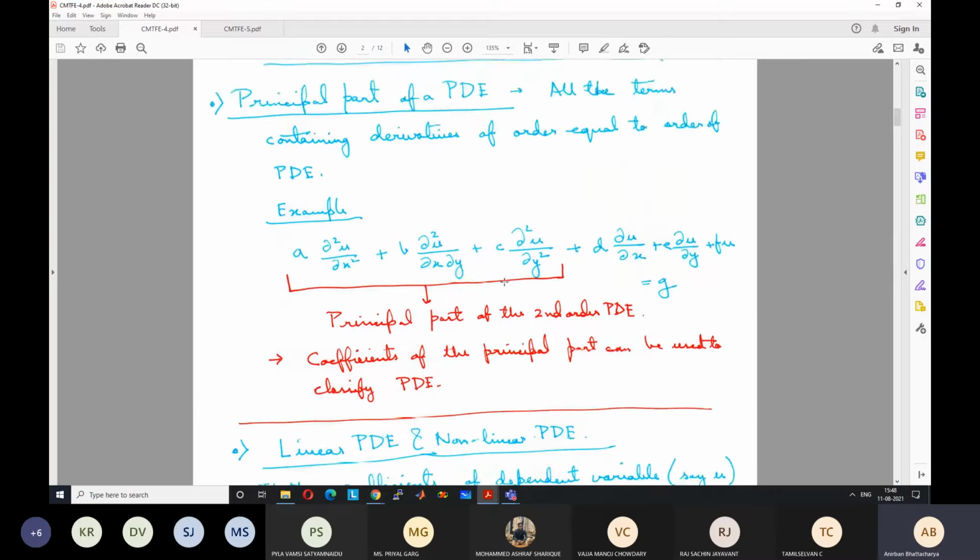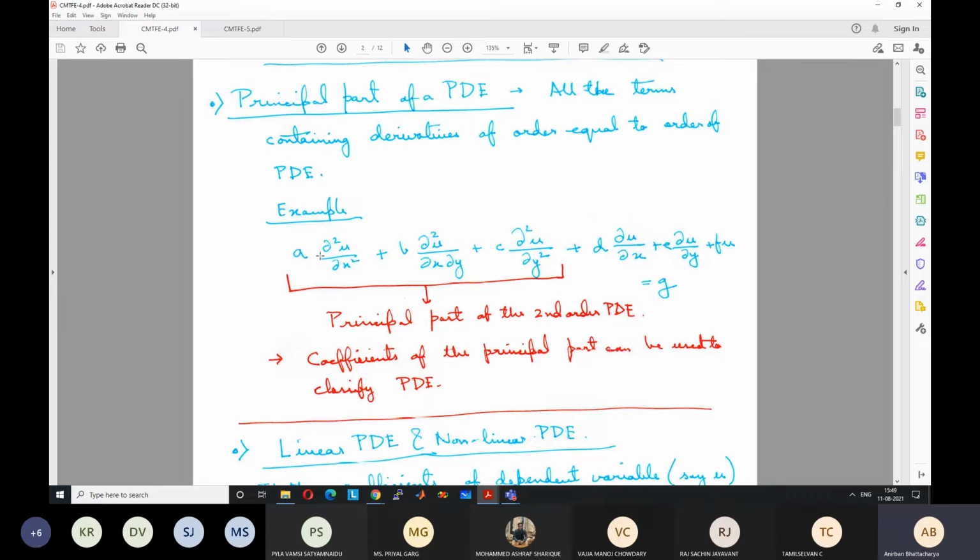In this case, if a, b, c, d, e, f, not g, are not functions of u, then it is a linear second order PD.